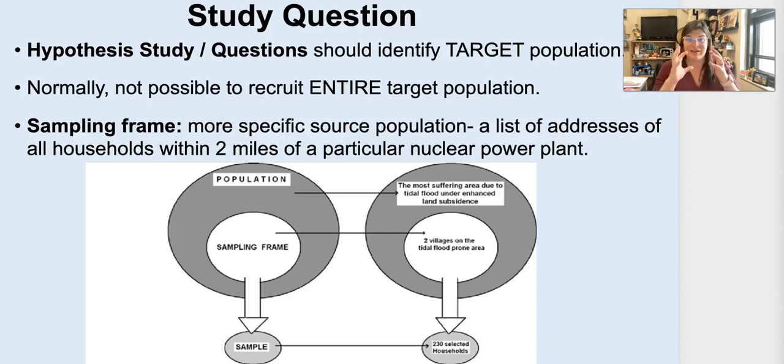That is in our hypothesis and our questions. This is normally not possible to get the entire target population. And so this is where we go from this whole to the sample, right?